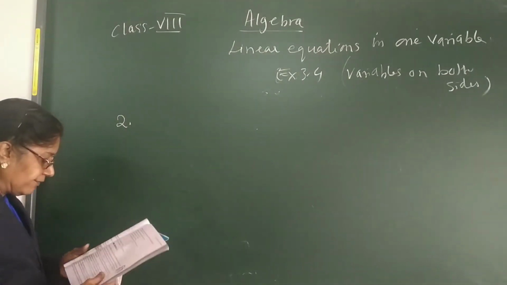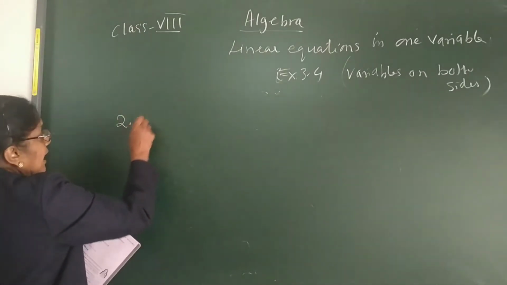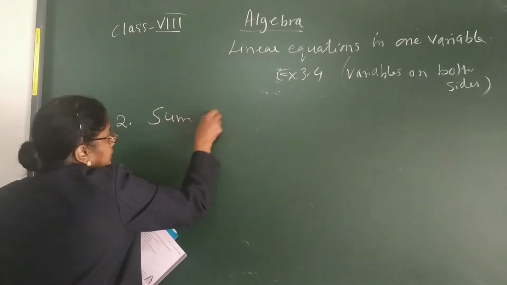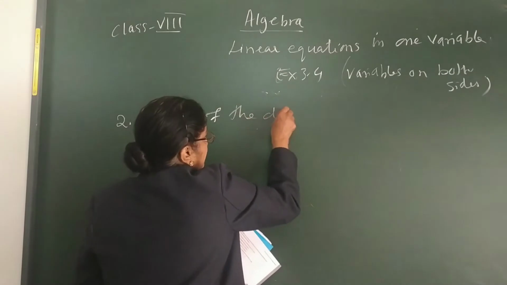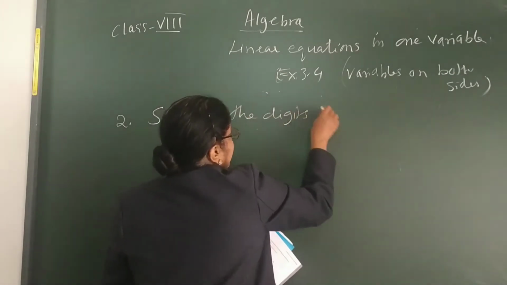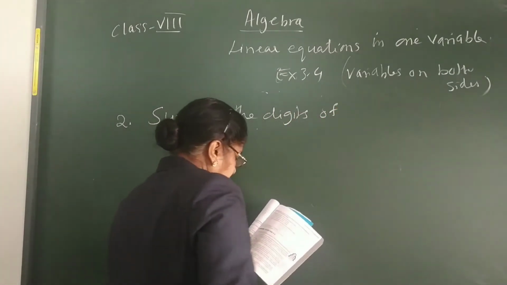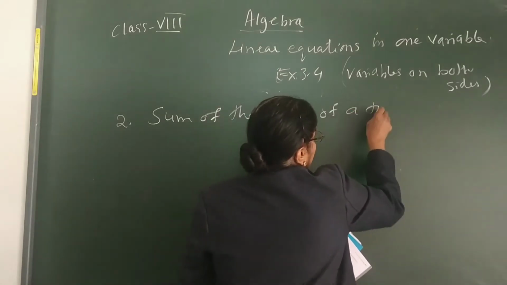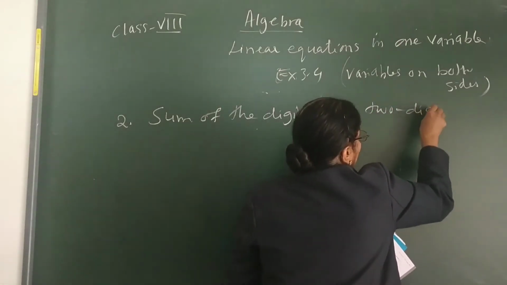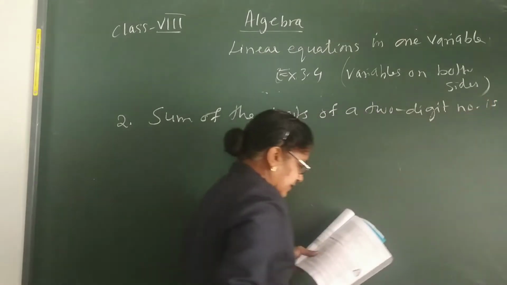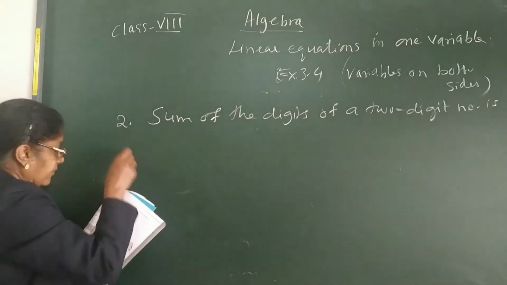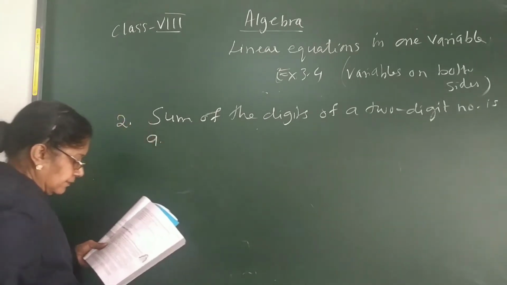The second sum we are going to see is: the sum of the digits of a 2-digit number is 9.